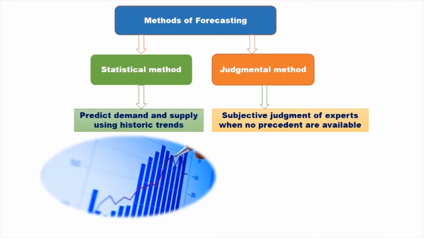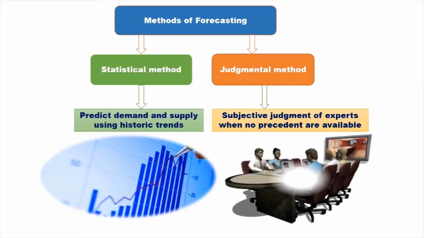But many important events in the labor markets have no precedent, and when such events occur, statistical methods are of little use. And to prepare for these situations, the organization must rely on the subjective judgments of experts. Well, pooling their best guesses is an important source of ideas about the future.